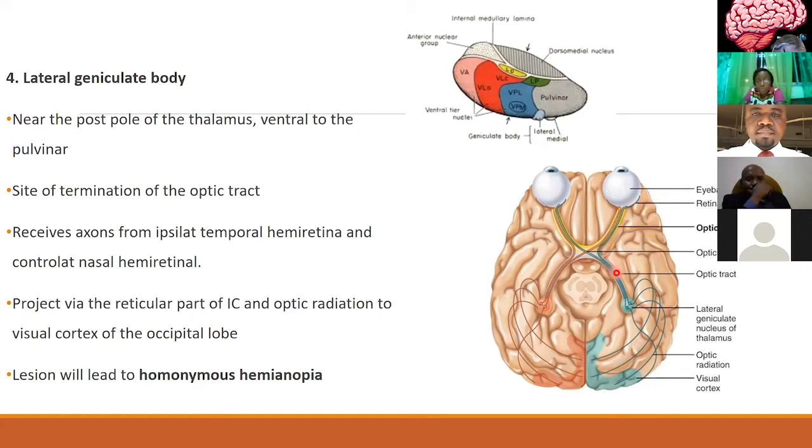It then projects via the retrolenticular part of the internal capsule and the optic radiation to the visual cortex of the occipital lobe, next to the calcarine sulcus. A lesion of the lateral geniculate body will lead to a homonymous hemianopia.